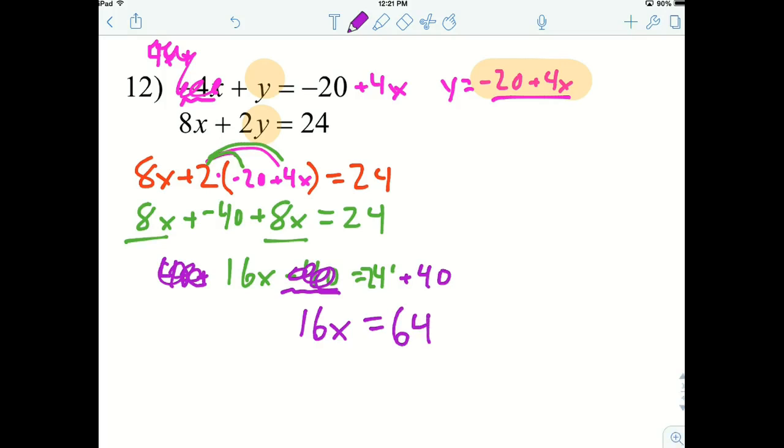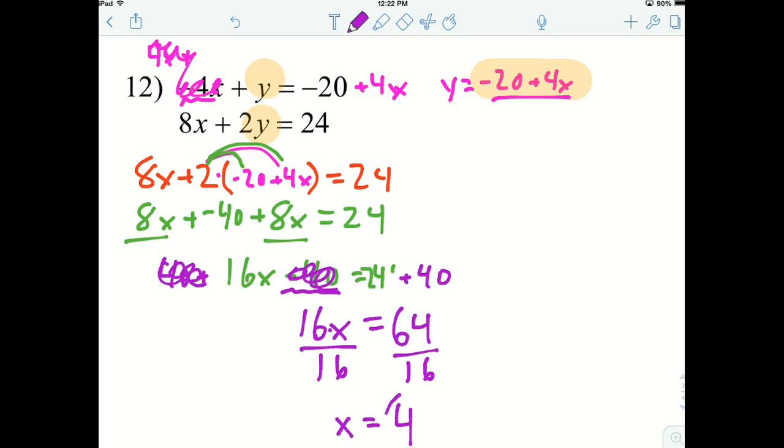The last step is to take the 16 and x and say they are being multiplied. I want x to stay, but I want the 16 to go. So I need to undo that 16 through the opposite of multiplication, which is division. When I divide both sides by 16, I get x is equal to 64 divided by 16, which is 4. So now I have x is 4.